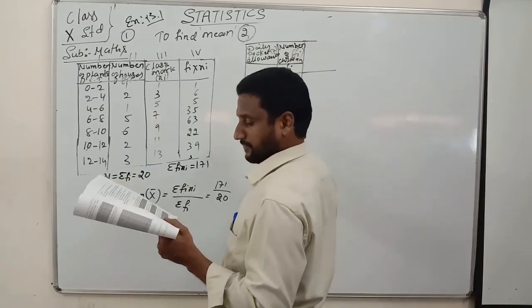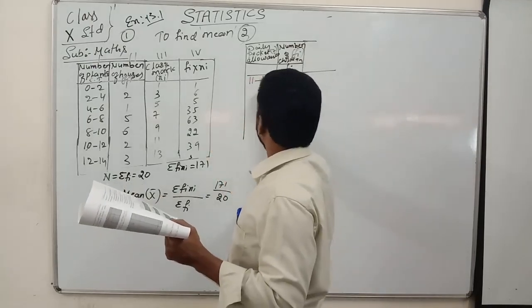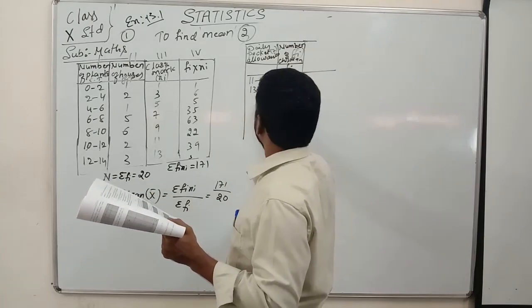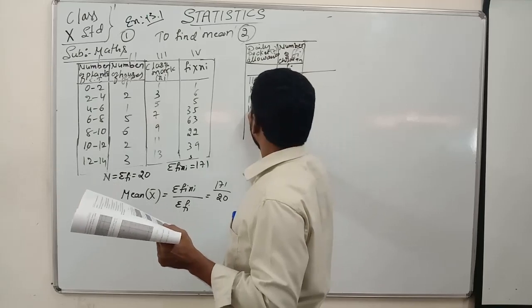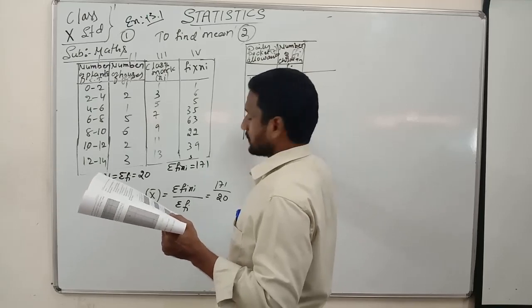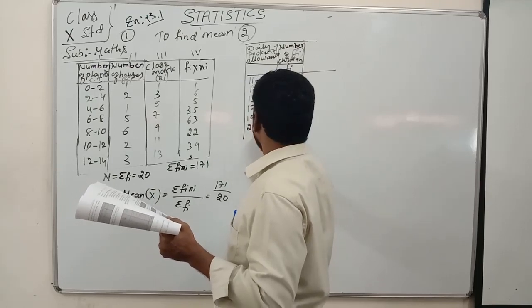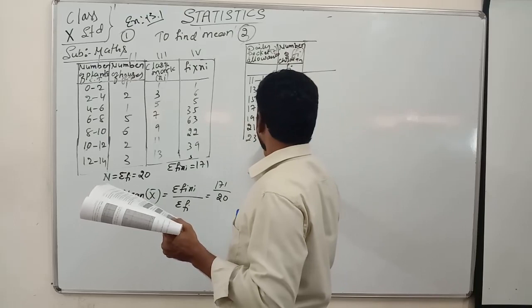So given data, it is grouped data: 11 to 13, 13 to 15, 15 to 17, 17 to 19, 19 to 21, 21 to 23, 23 to 25.